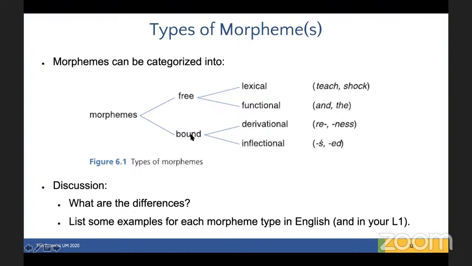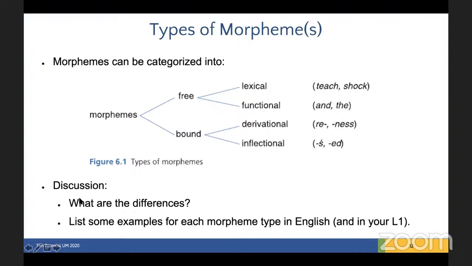Bound morpheme bisa dikategorikan menjadi derivational and inflectional. Contoh free lexical morpheme, teach and shock. Contoh free functional morpheme, and, the. Contoh bound derivational morphemes, re and ness. Contoh bound inflectional morphemes, s and ed.